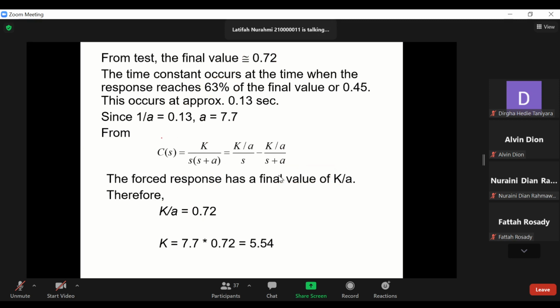So here it is, our output. K is usually called the gain. Right, so K, let's go right here at the bottom. K is equal to 7.7.